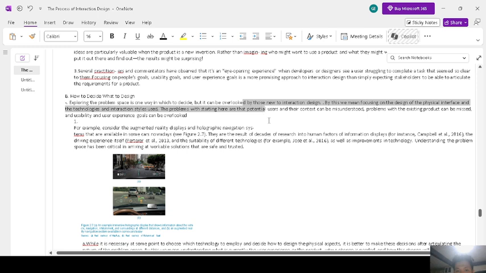But it can be overlooked by those new to interaction design. By this we mean focusing on the design action style used.